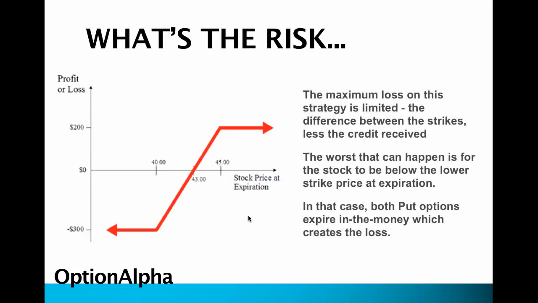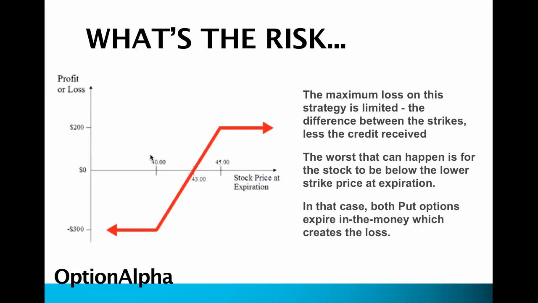Well, what's the risk with this strategy? As you can see here on the chart, the maximum loss in this strategy is limited. It's the difference between the strikes less the credit received. So the difference between your strike prices, 40 to 45, less the credit that you receive, is the maximum loss that you can take. The worst that can happen is for the stock to close lower than the lower strike at expiration.